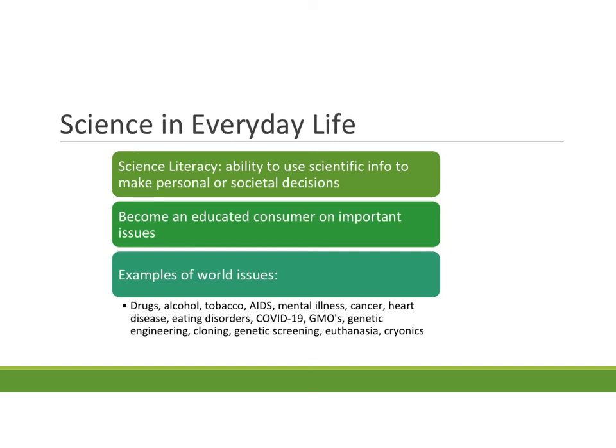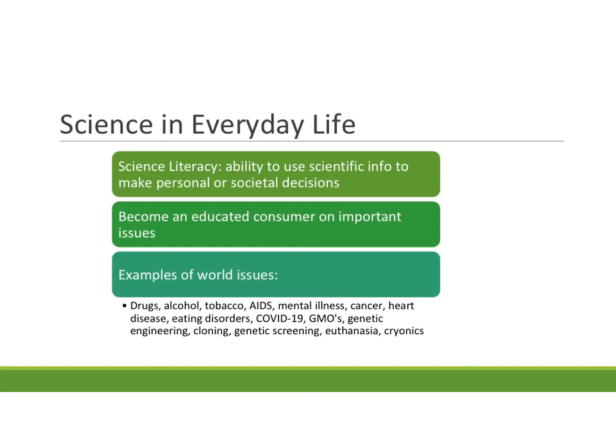All right, and then finally, by understanding more of the nature of science, we're hoping to bring science into your everyday life. So as we talked about when making the flowchart, a new kind of buzzword that you might hear is scientific literacy or science literate, okay? So that just means someone has the ability to use scientific information to make personal or societal decisions, okay?